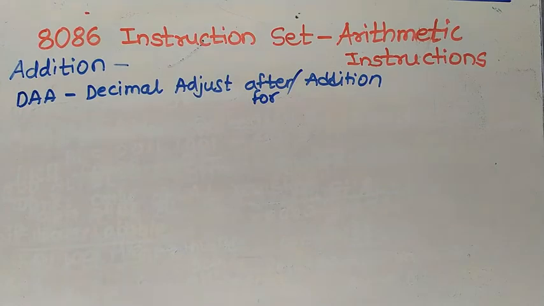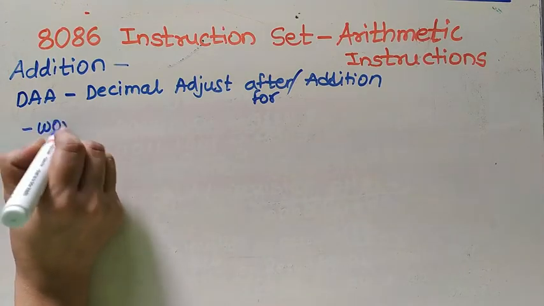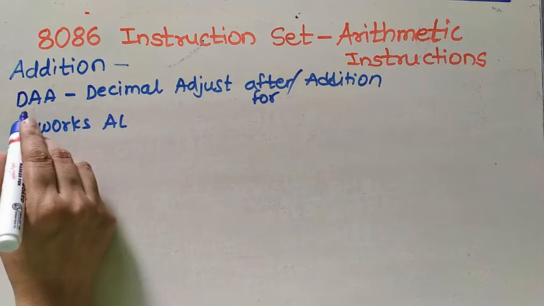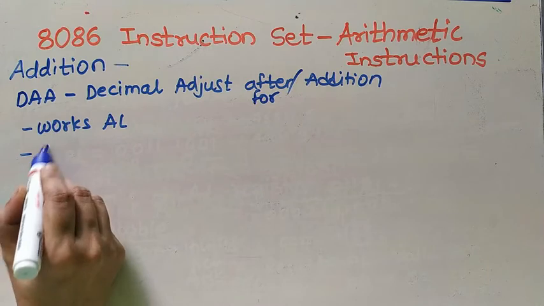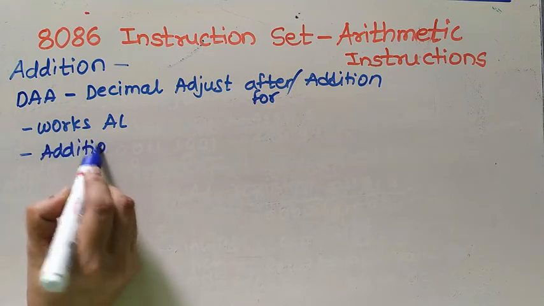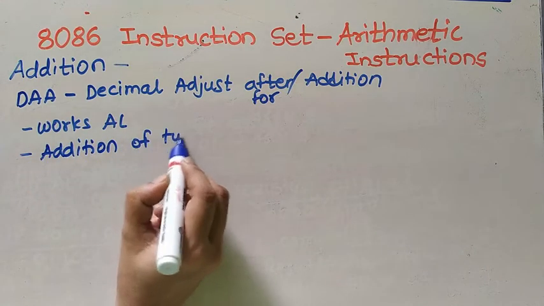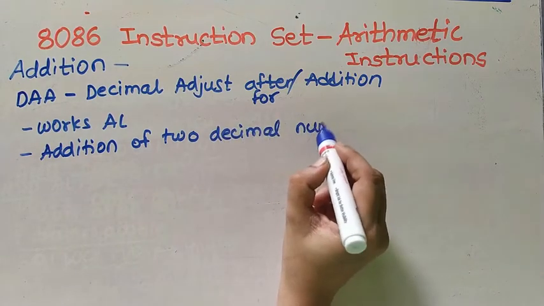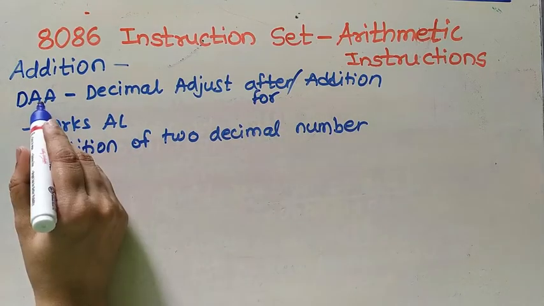This DAA works on the AL register like the AAA instruction. Whenever we are going to perform the addition of two decimal numbers, we have to use this DAA instruction.